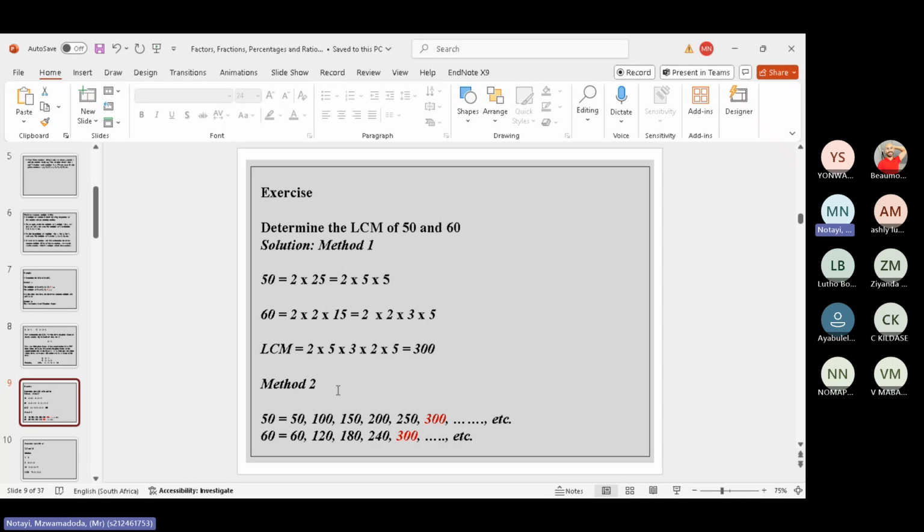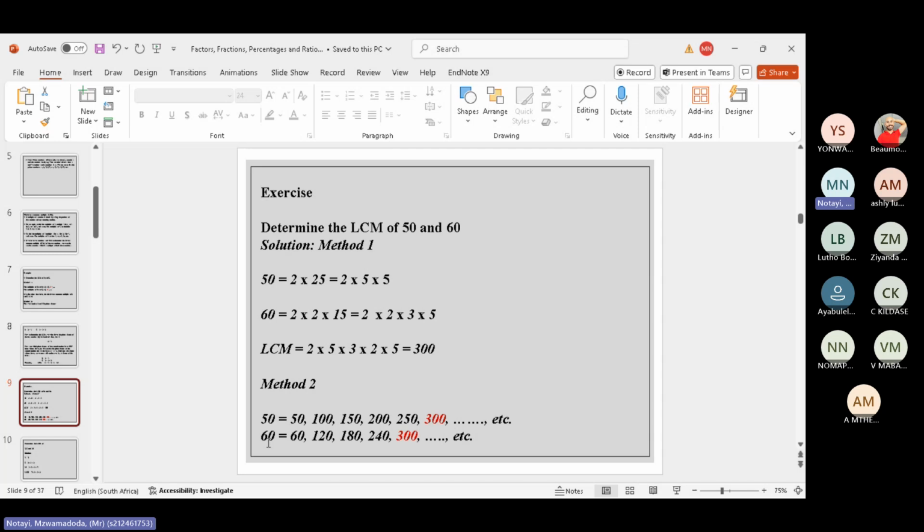Method 2, you list the multiples of 50. 50 times 1 is 50, 50 times 2 is 100, 50 times 3 is 150, 50 times 4 is 200, up to 50 times 6, where you get 300.